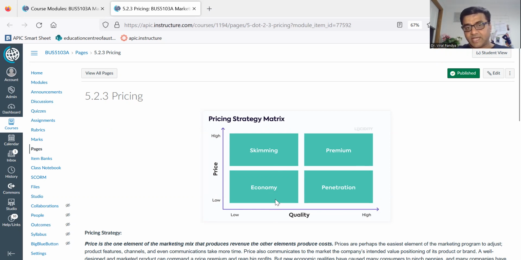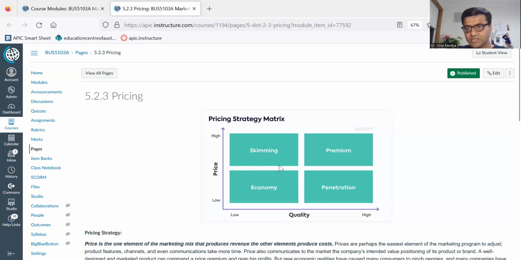Now, the different strategies that you can use for pricing start with having a high price for a low quality product. You might find some examples where the quality of the product is relatively low and the price is very high. This is called market skimming pricing.